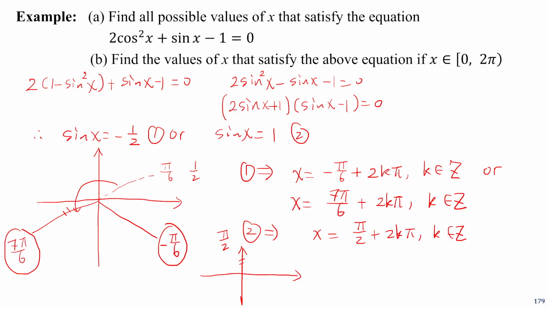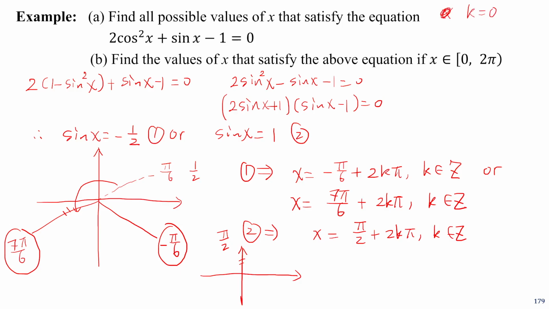Alright, then as to the second question, it asks you to find exact x such that x must be in this interval. So you need to test different k values such that x must be within this interval, right? The easiest one is we let k equal 0.